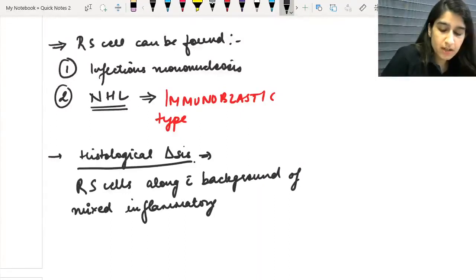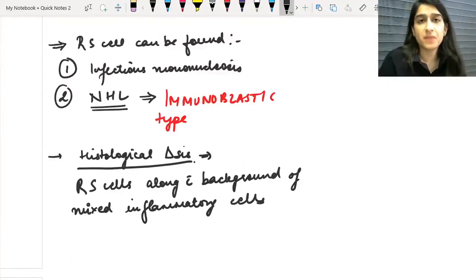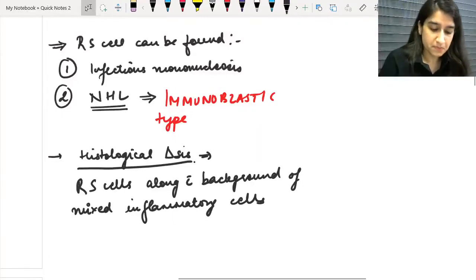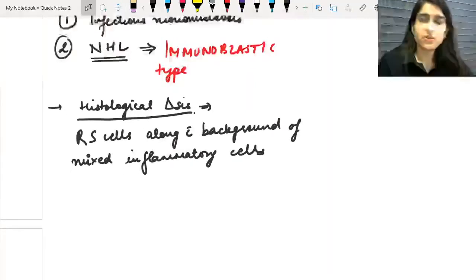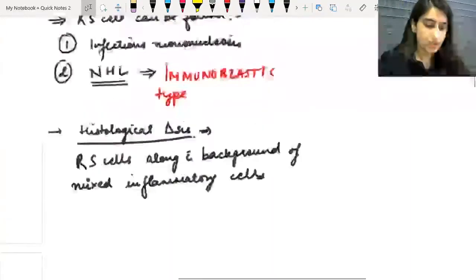So RS cells alone won't be diagnostic. Mixed inflammation may be neutrophils, lymphocytes, plasma cells, eosinophils, any of them. Okay, so this was a basic idea of the pathogenesis and the histological picture, the Reed-Sternberg cells and everything.